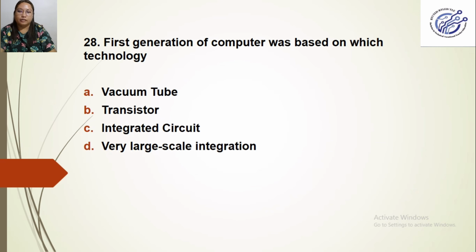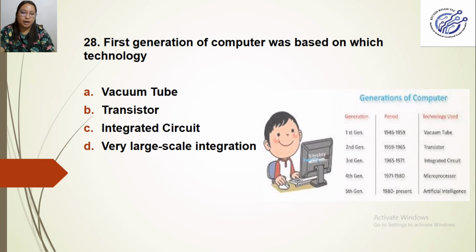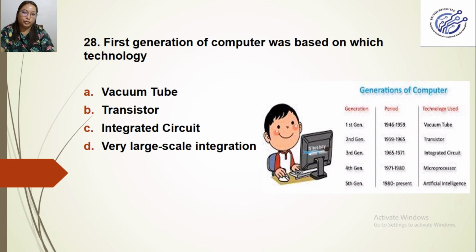So, number 28, first generation of computer was based on which technology? A, vacuum tube, B, transistor, C, integrated circuit, and D, very large scale integration. So, meron po tayong 5 generations of computer. Tinatawag po yan natin na first gen, second gen, third, fourth, and fifth generation na computer.